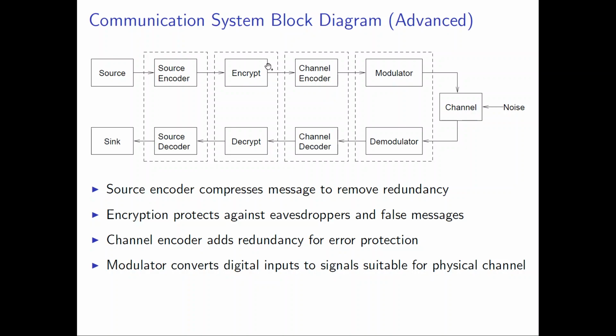And then you have encryption. Why do we have encryption? To protect your data from malicious users, from eavesdroppers. And then you have the channel encoder. Why do we have a channel encoder? To protect your data from the noise. And what does it do? It just adds redundancy to your data.